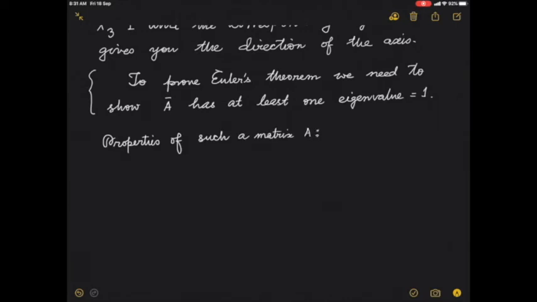of such a matrix A. So the first thing we have already discussed: SO(3) representation A, a 3 cross 3 matrix. So it has 3 eigenvalues.